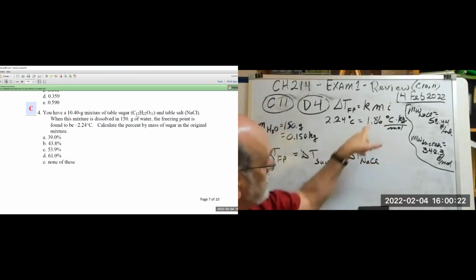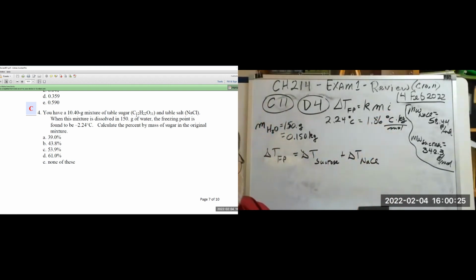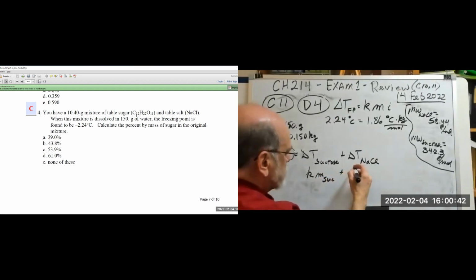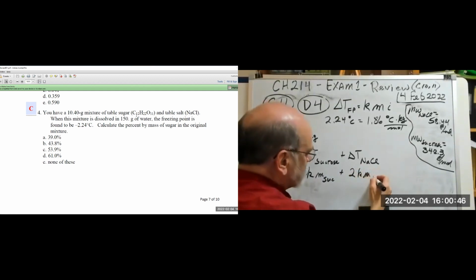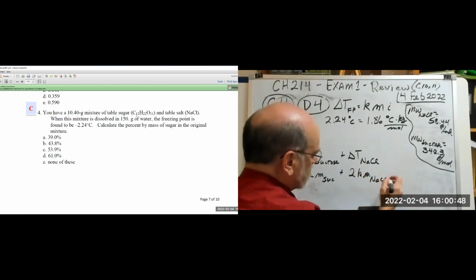That's how we get around this correction factor. So now we know that this is equal to K times molality of sucrose times 1, plus 2 times K times molality of sodium chloride.